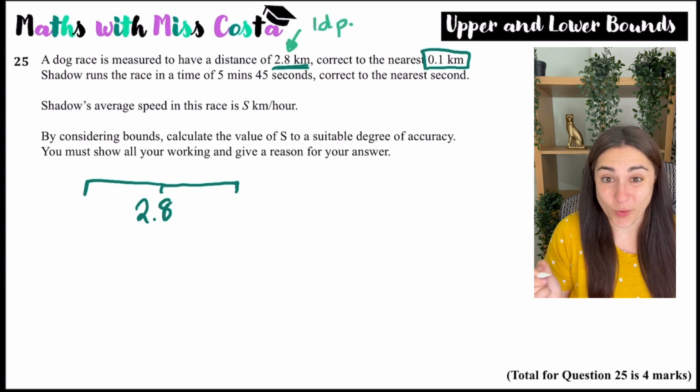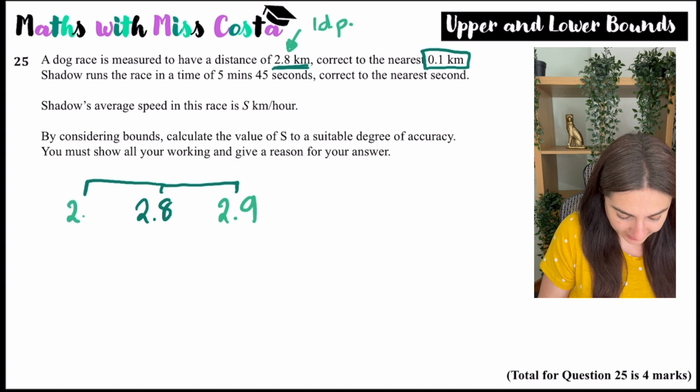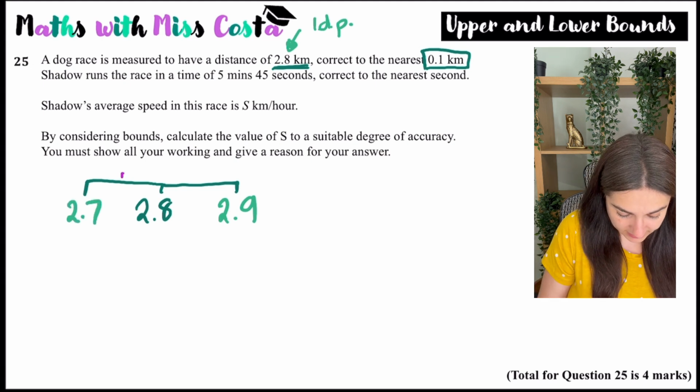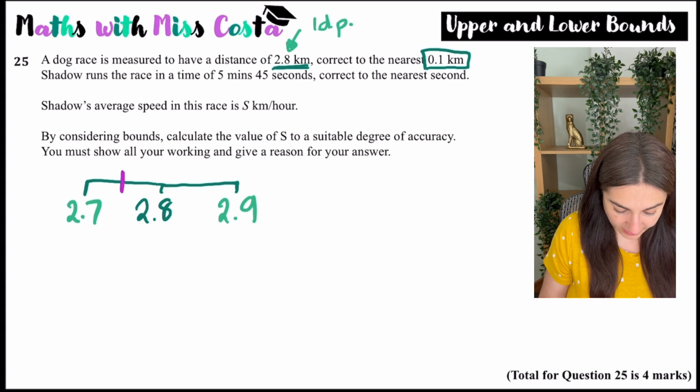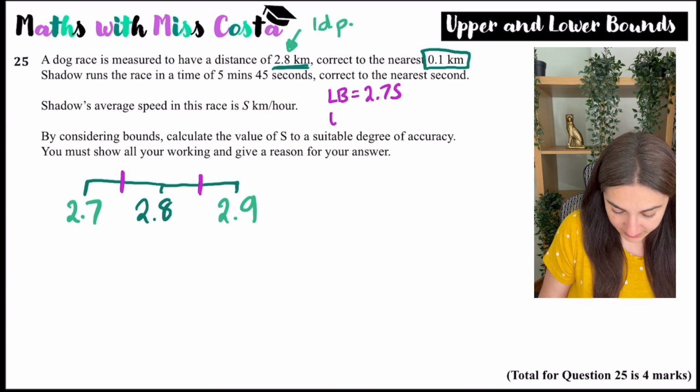So it's literally, what are the decimal places surrounding 2.8? That would be 2.9 and 2.7. Now the bounds, that would be the midpoint, okay? So the minimum value it could be, the lower bound, would be 2.75 and the upper bound would be 2.85.